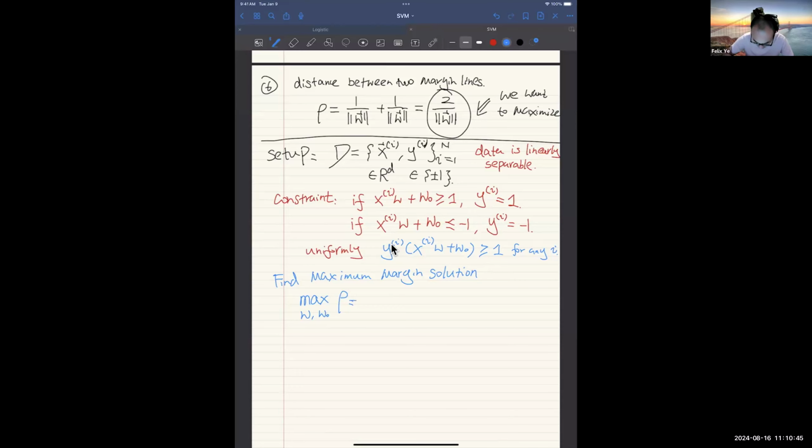This margin is equal to 2 over the norm of w, subject to my constraint, for any i.